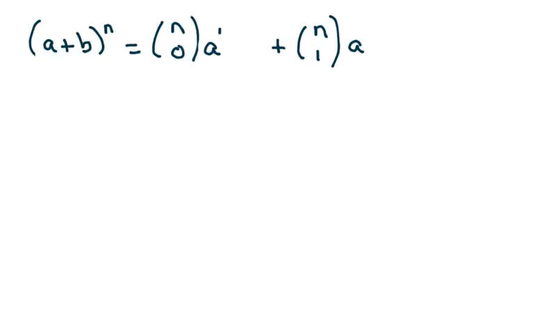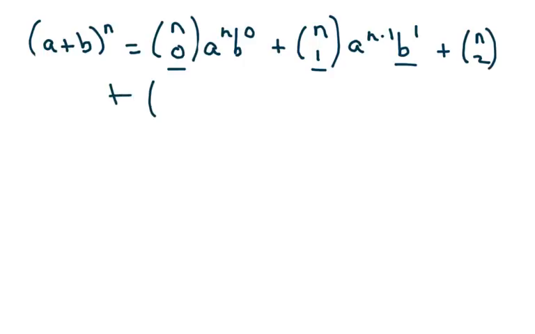So I'm going to do a to the n, b to the 0. This one's going to be a to the n minus 1, b to the 1. So the b should match this. Okay, plus n choose 2, which would be a to the n minus 2, b to the 2.